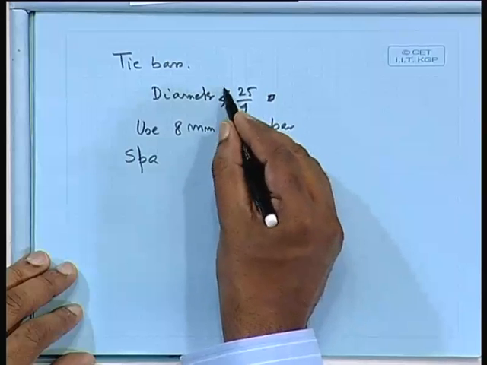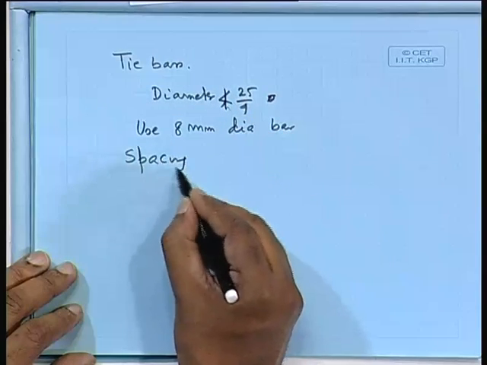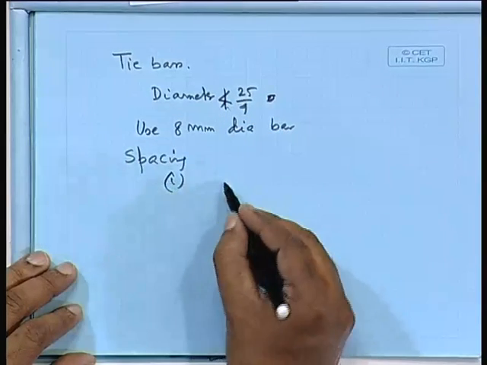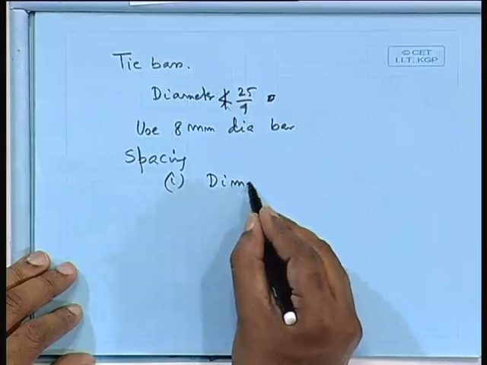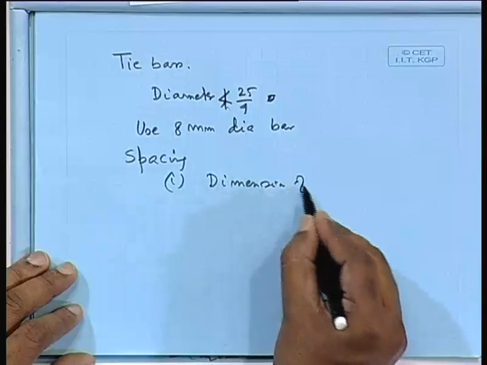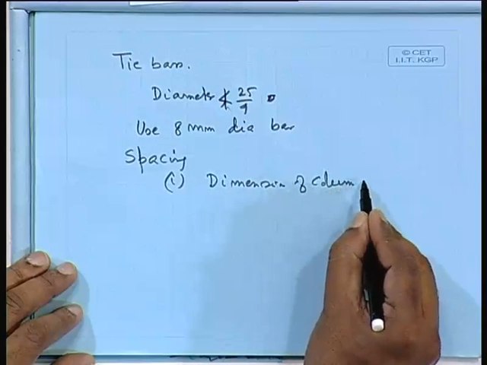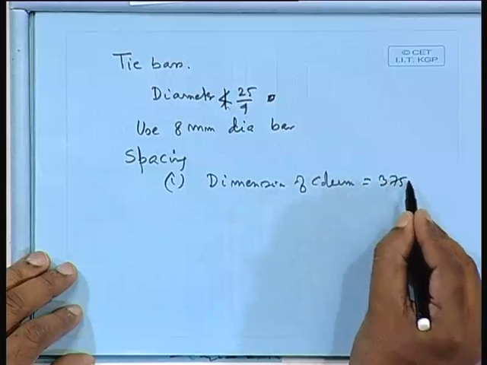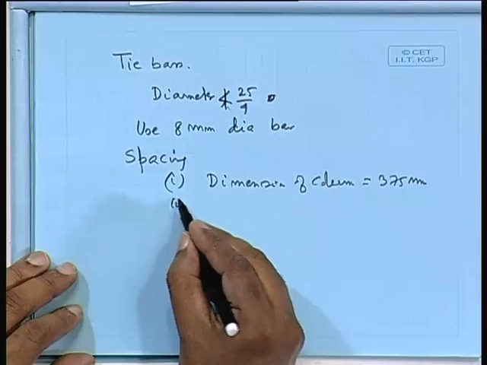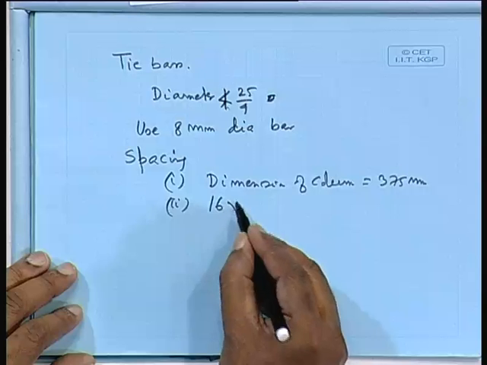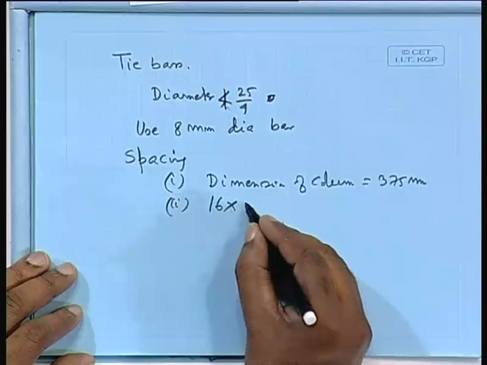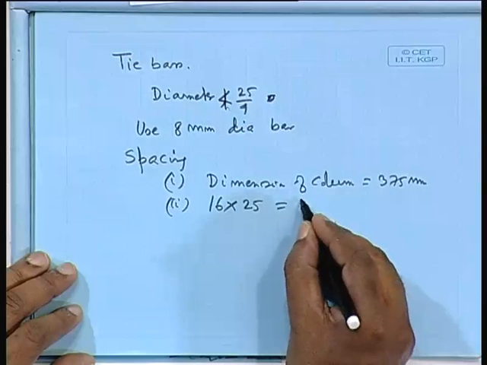This will not be less than, number 1, the least dimension of the column, say 375 millimeter in this case. Number 2, 16 times the longitudinal bar diameter, 400 millimeter.